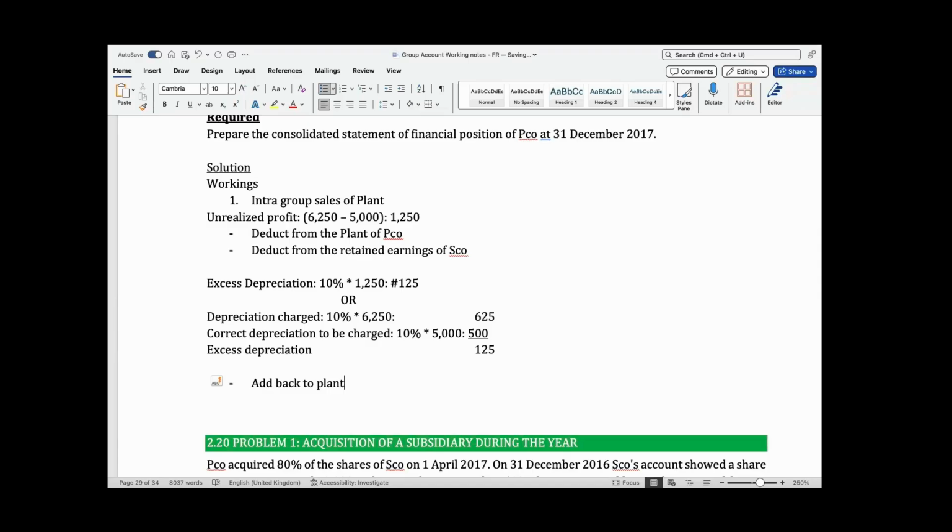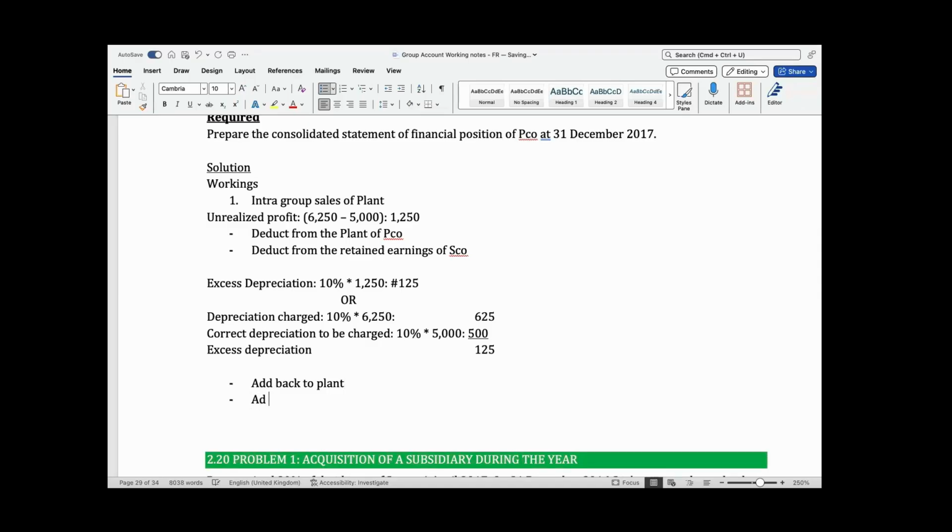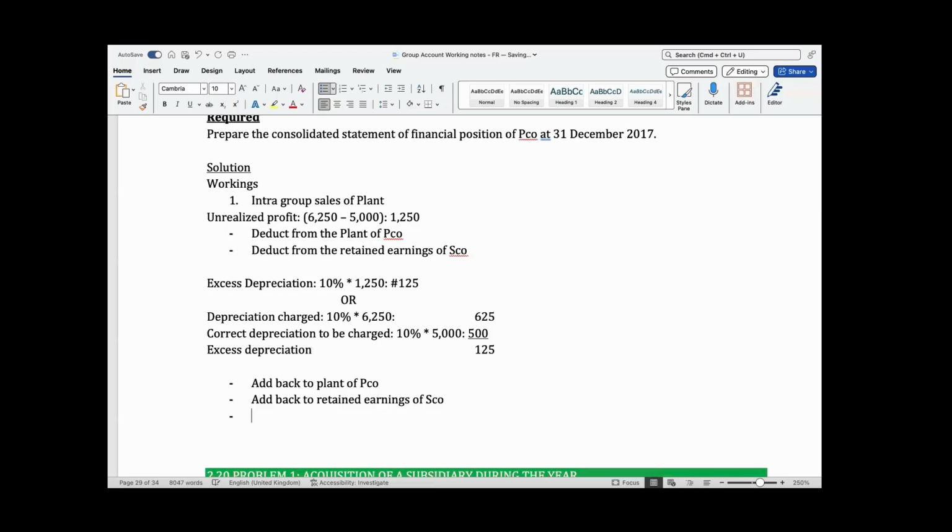And also, we're going to add back to the retained earnings of ESCO, the one that made the profit, because he had over-deducted expense. And that's that for that. Then we can do our cancellation.